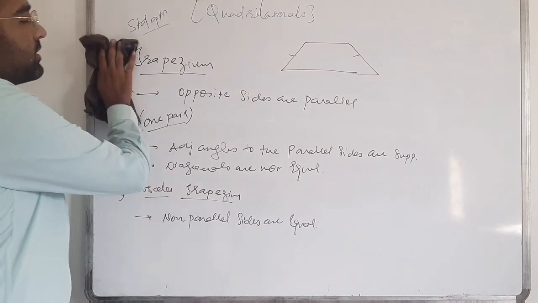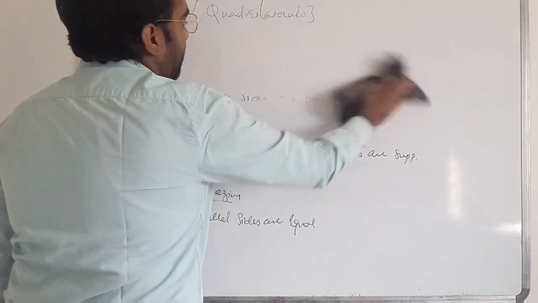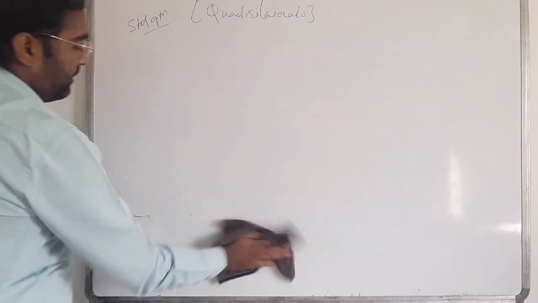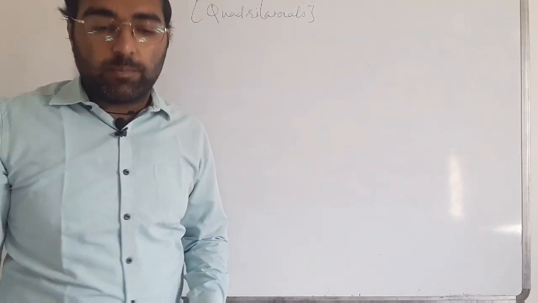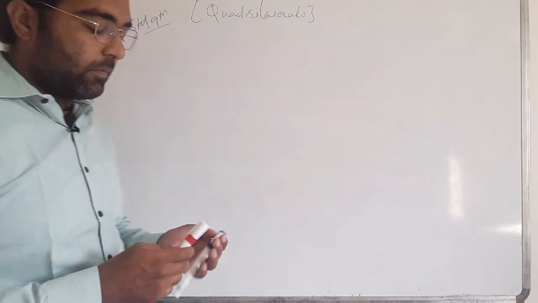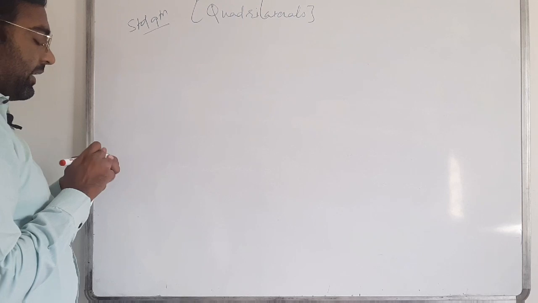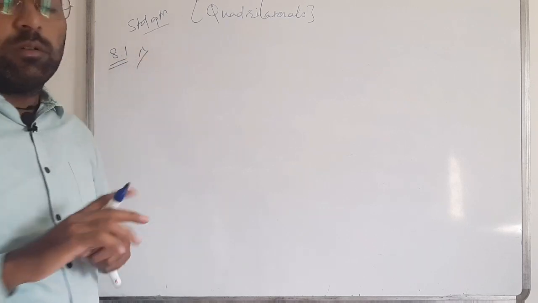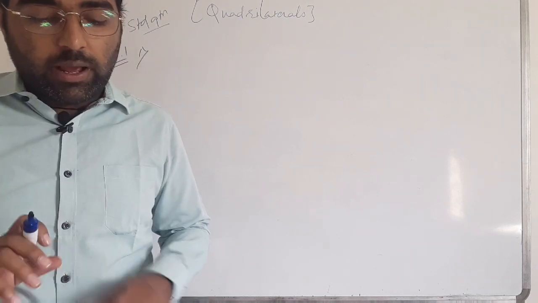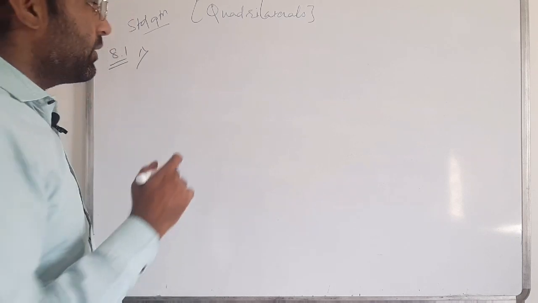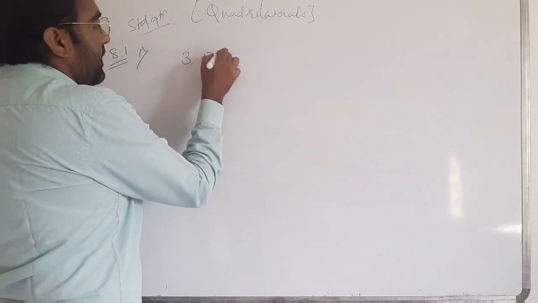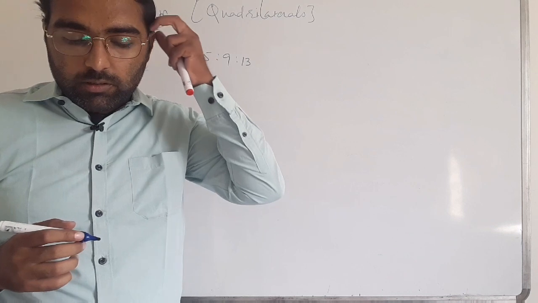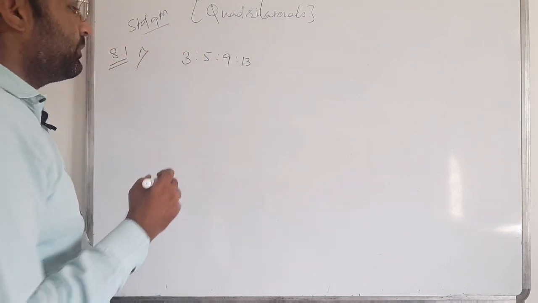Okay, so now we are moving to exercise 8.1. Let's start. Question 1 says that the angles of the quadrilateral are in the ratio 3:5:9:13. Find all the angles of the quadrilateral.